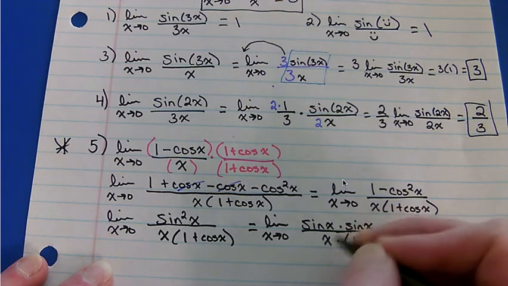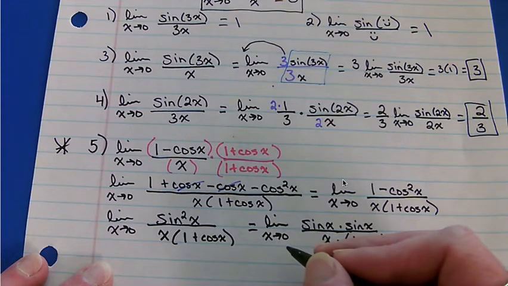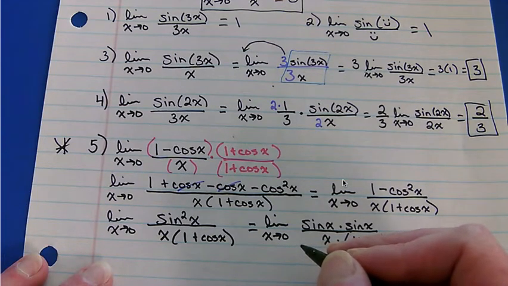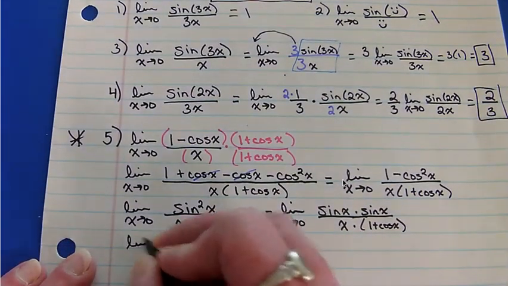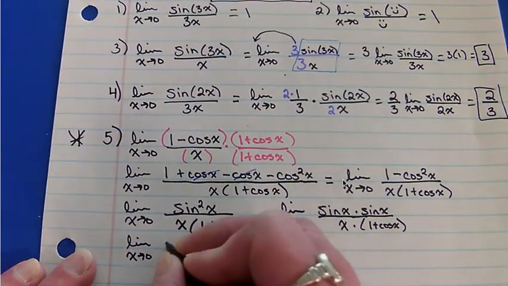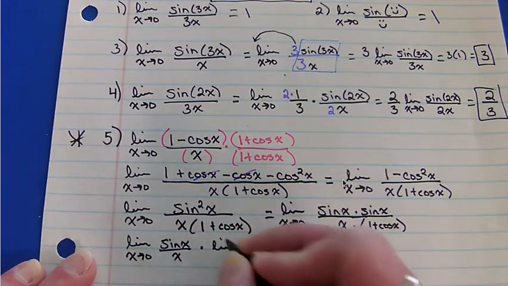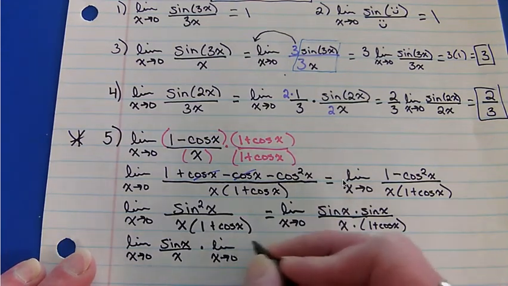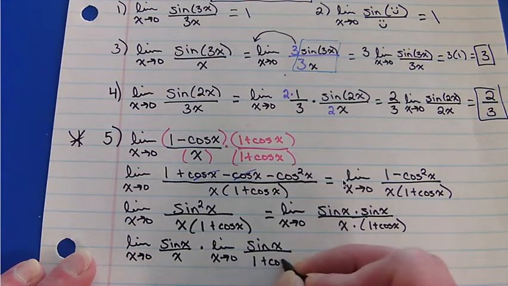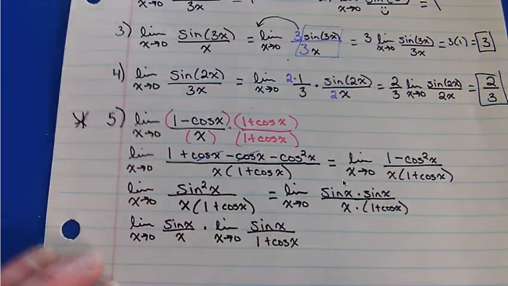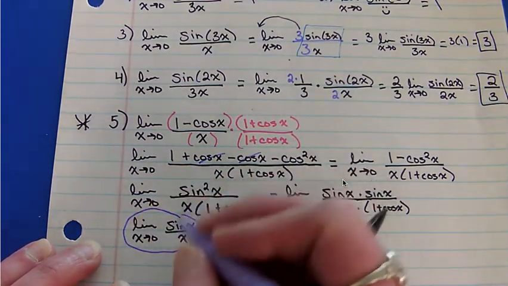Well, look at this, sine x over x. What's going to happen as x approaches 0? Well, that's just going to go to 1, right? So I'm going to separate this out. Remember, we can do this because of the rules of limits. This is going to reduce to 1. Here, this is just a 1.